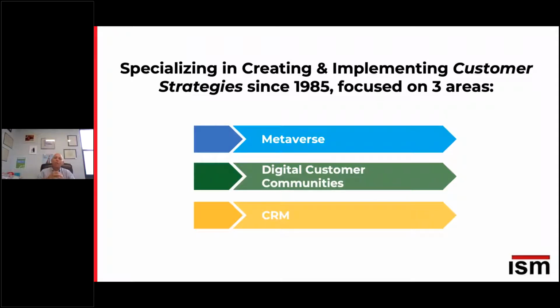So we started to build digital customer communities. We built many of them for many companies, just a way of listening to the voice of the customer at all times. And I'll talk a little bit more about it later. And then the last 3 years, I'm very focused on the metaverse as the next paradigm shift as we move into engaging with our customers in a way that they want to engage versus the way that we would like to engage. And I'll talk again more about that later.